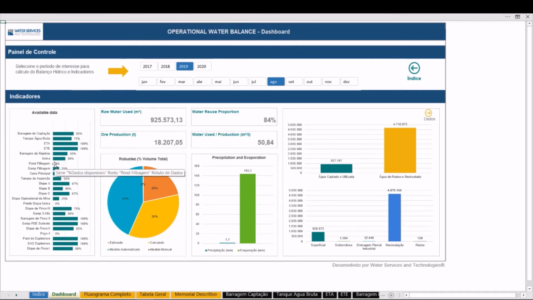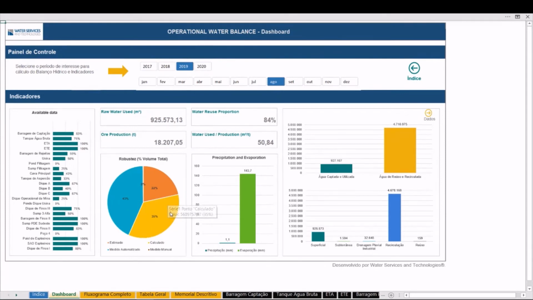So it's good for the user to see where he needs to invest some money on measurement equipment. This chart here shows what kind of data that we have. So what this means is that, for example, the blue here means automatic measurement data.